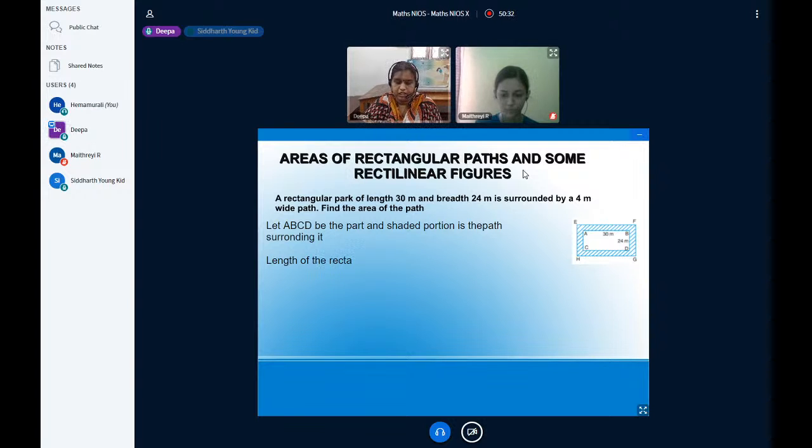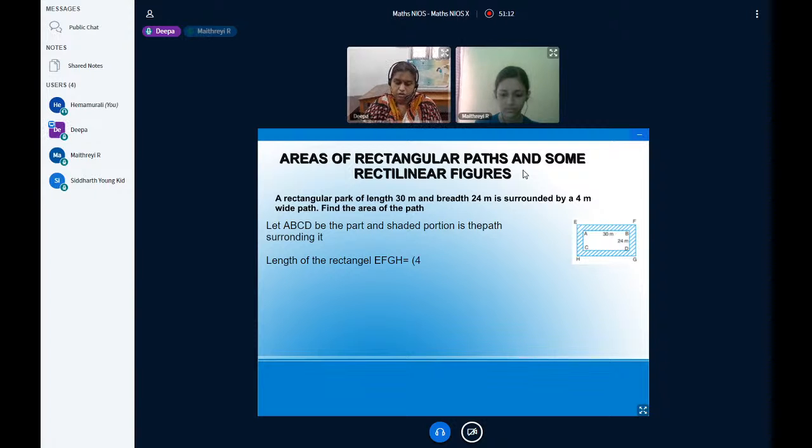First, we should see the outer rectangle. What is the outer rectangle? This one, EFGH. The outer rectangle includes the 4-meter wide path along with the inside rectangle, right? So we have 4 meters on both sides of the length. So we should add 4 meters on this side and 4 meters on this side.